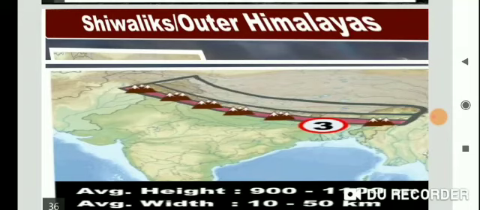See in the map, the longitudinal valleys lying between the lesser Himalayas and Shivalik are known as Duns, with names like Dehradun, Kotli Dun, and Patli Dun.